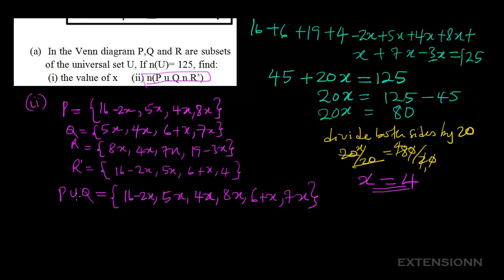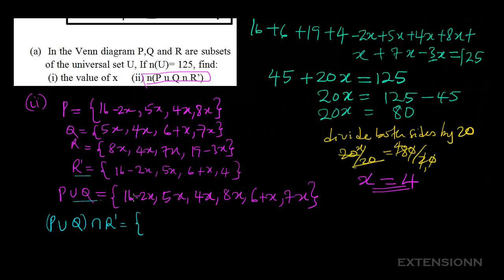Okay, so this P union Q which we've gotten will now do the intersection with R prime. So when we solve for this, we find the common elements between the two of them.